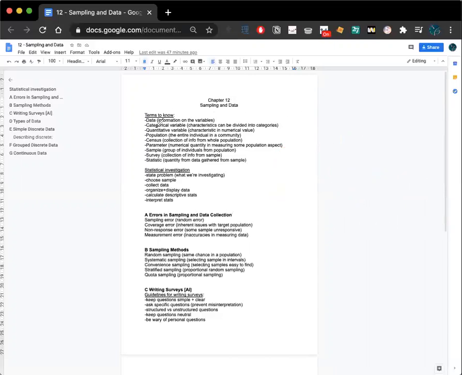And well, there's this specific thing in terms of variables called categorical variables. So a categorical variable is something that can be divided into categories because of its characteristic.